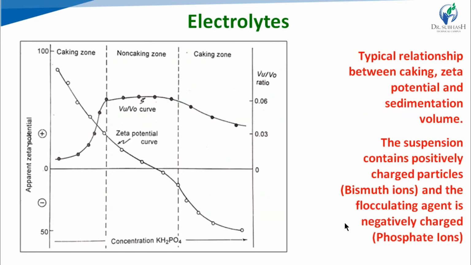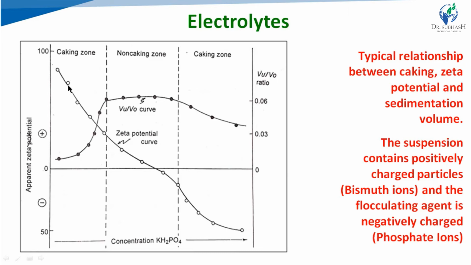See the phenomenon here. If we plot a graph of zeta potential, this axis is the zeta potential, and on this axis we raise the concentration of phosphate ion, and we already have the bismuth ion suspension. Initially, when there is only bismuth ion, the zeta potential is on the positive side. Bismuth ion has a positive charge, that's why it is on the positive side.